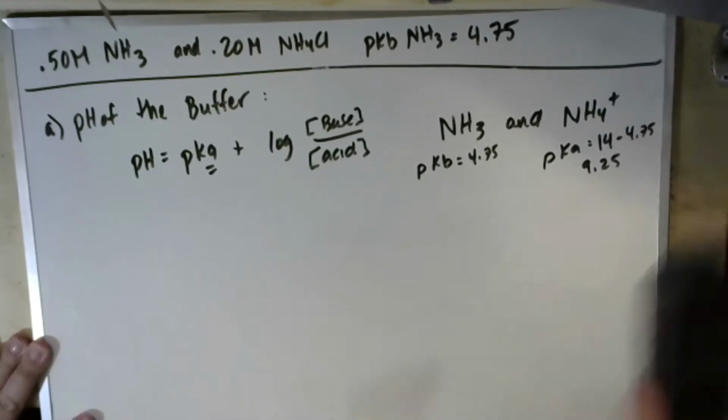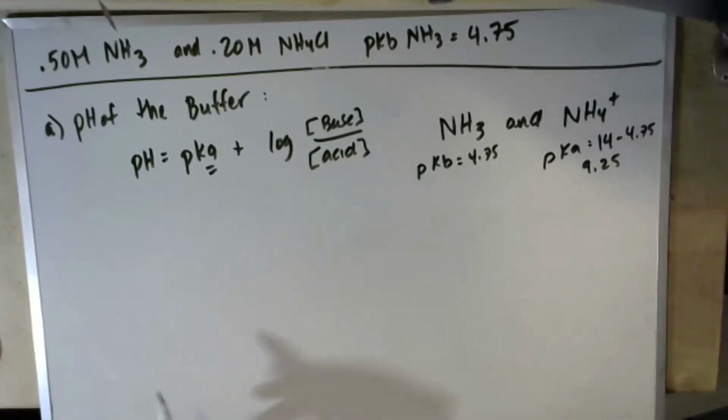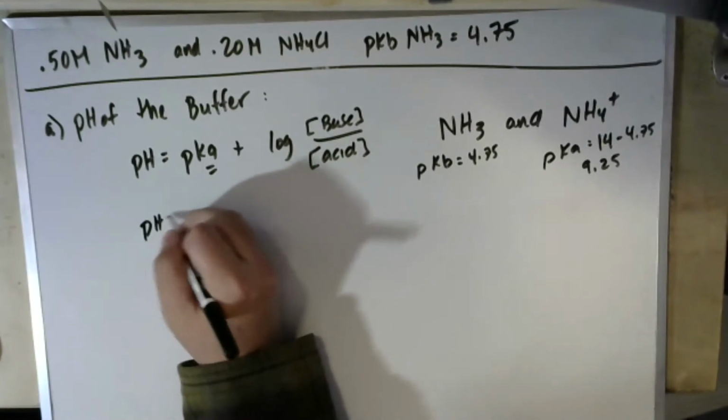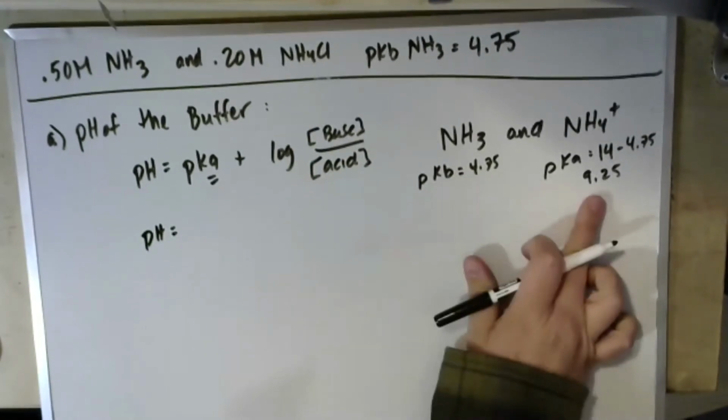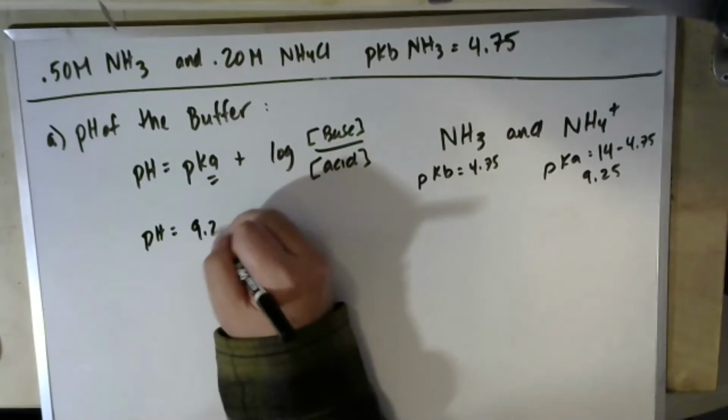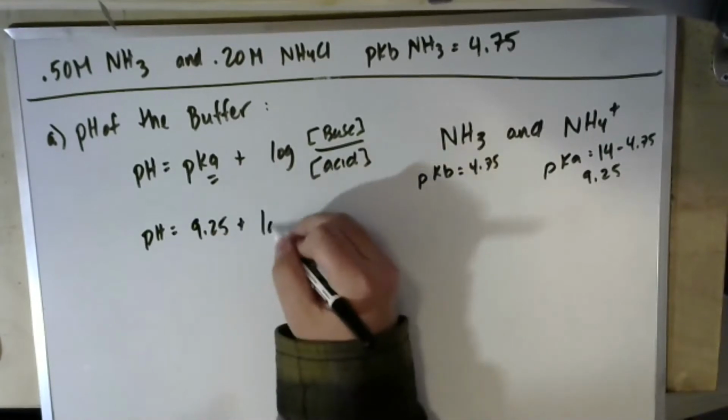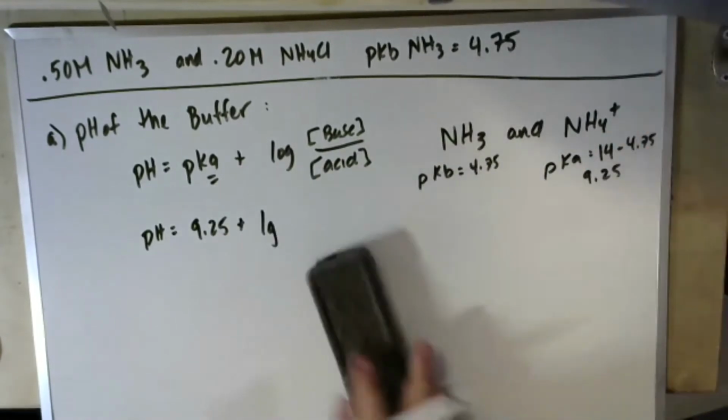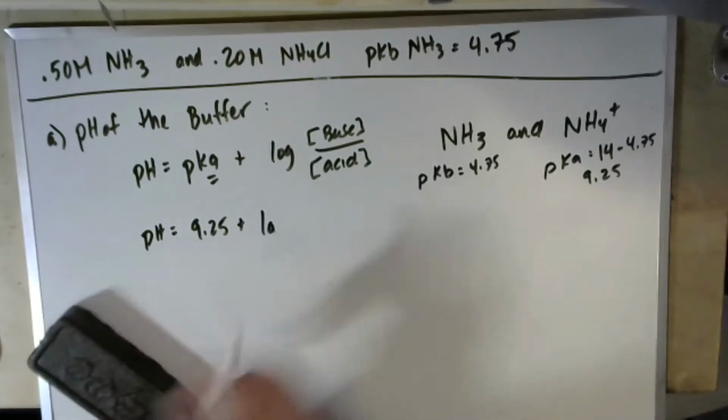So once you know to do that, now it's going to be pretty straightforward, because you're just going to take that pKa value that you just got, and then we're going to set up our Henderson-Hasselbalch equation the same way.